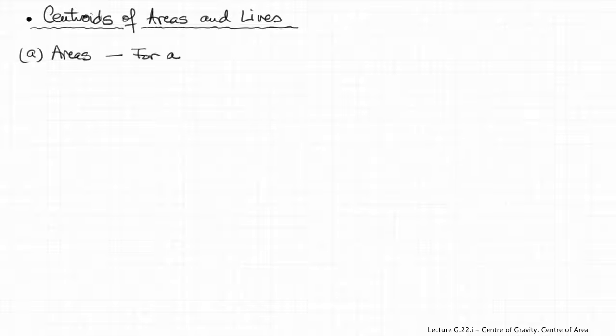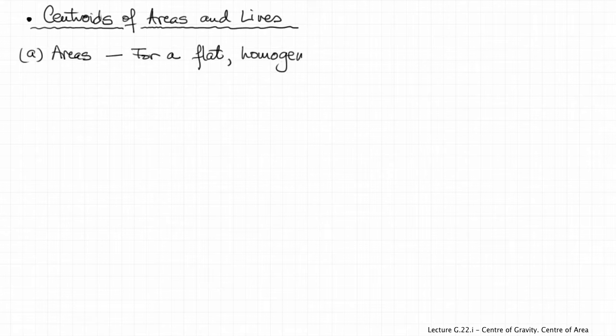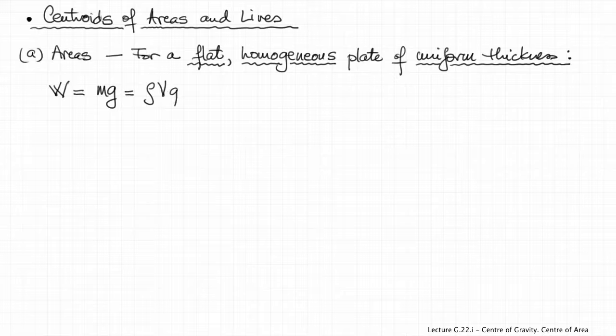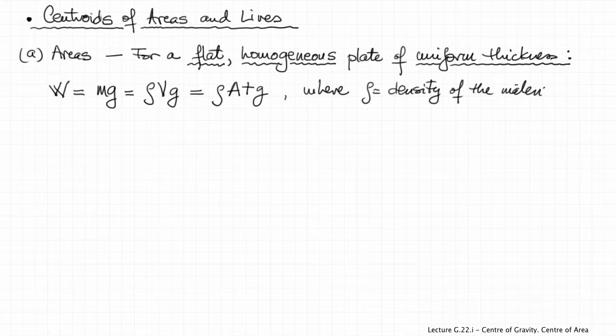If we consider an area of a flat, homogeneous plate of uniform thickness, so these are the three important characteristics: flat, homogeneous, and uniform thickness, then we can express the weight of the plate as equal to the mass times the acceleration of gravity, and the mass will be equal to the density times the volume, and hence the weight in the end will be equal to the density times the area of the plate times the thickness of the plate times the acceleration of gravity.